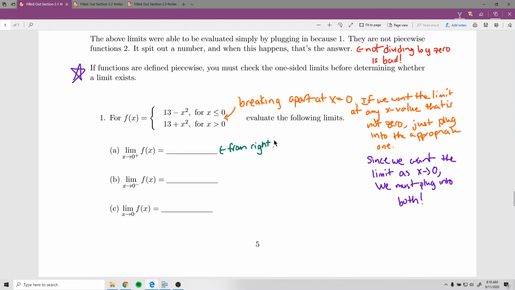From the right, the x values are bigger than 0. And if we're dealing with bigger than 0, that's where it's greater than, so we want to plug into the second one.